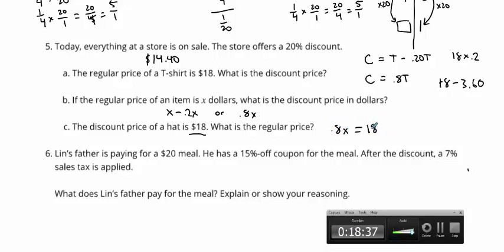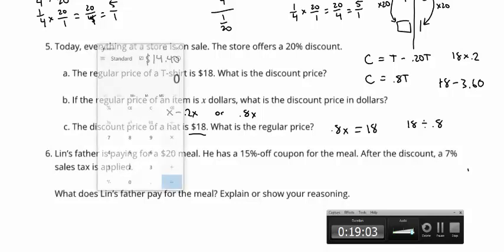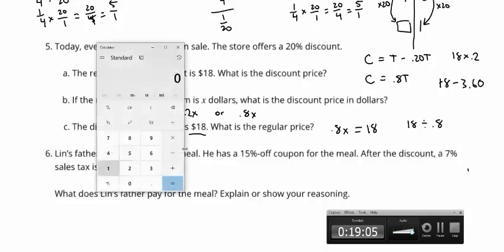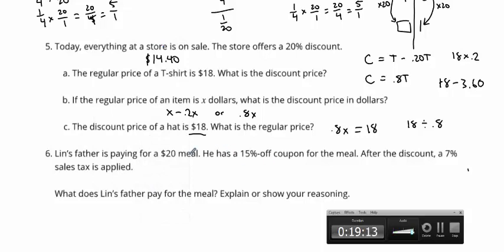So if we take the 18 and divide it by 0.8, that will tell us what we multiply 0.8 by to get to 18. It's like a fact family, right? 18 divided by 0.8 is X. So we're going to put that in the calculator. 18 divided by 0.8 is $22.50.